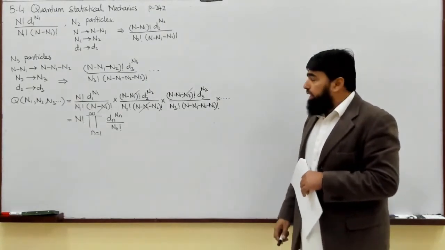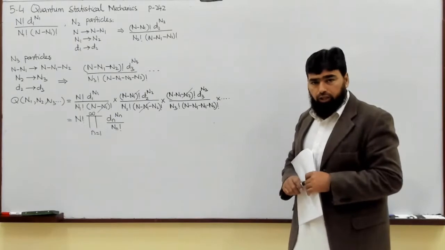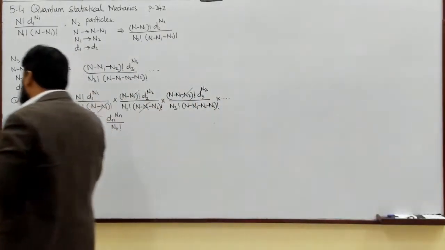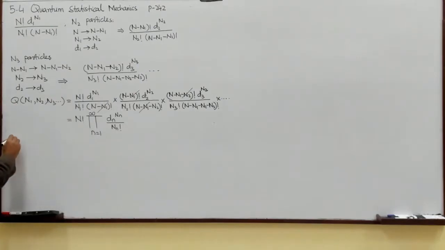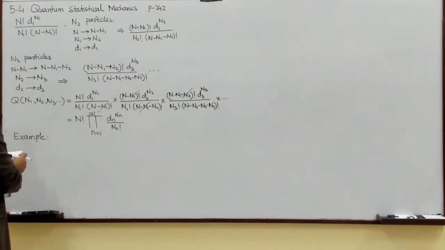And you remember that in the very first class we solved the example of three particles. Now we will start with that example and check whether we have derived the general case right or not.